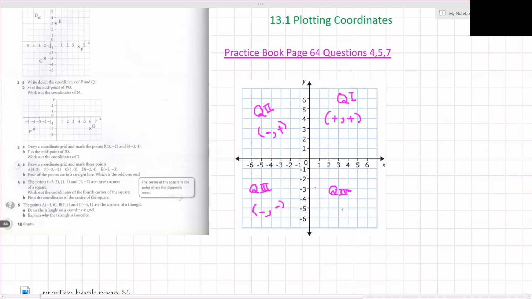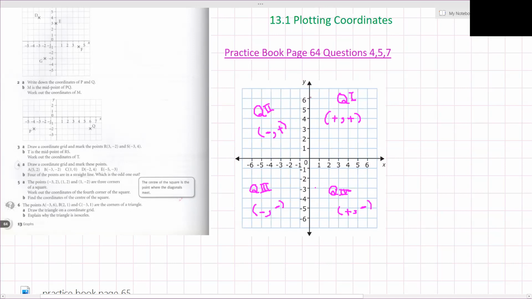the x coordinate for any point that lies here is positive, and the y coordinate is negative. And we said that this vertical line is called the y-axis, and the horizontal line is called the x-axis, correct?